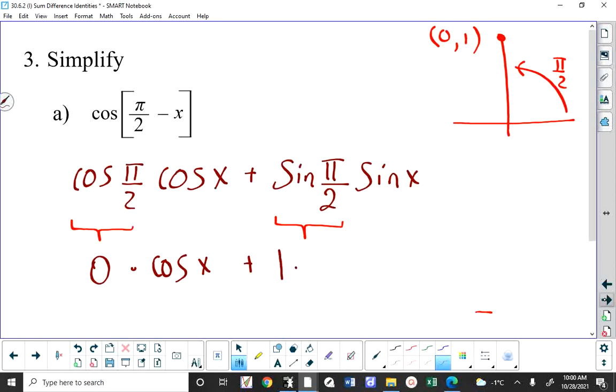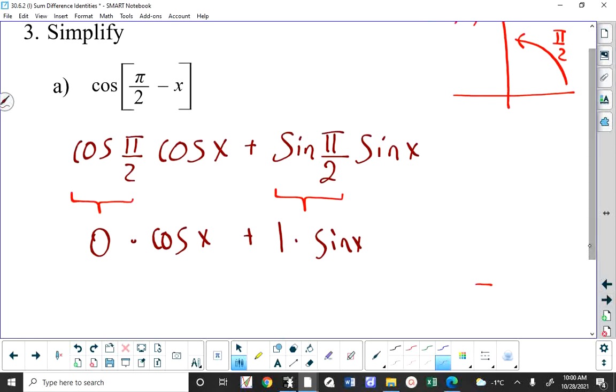So plus 1 times sine of x. 0 times anything is gone. We're not left with 1 there, like the question we were doing earlier that Zebi had asked about. It's gone. And then 1 times sine of x is sine of x. And this, again, is a classic kind of question.